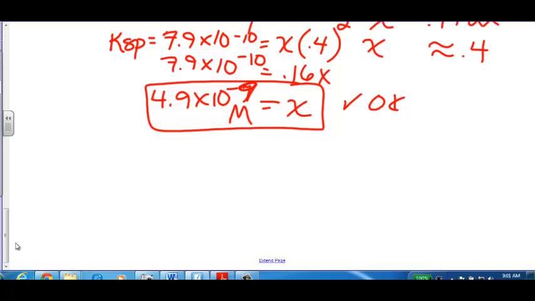You have to ask your math teacher. The bottom line is, it'll always check, or it should always check with these because the Ksp is so small. So your x is always going to be a very small number. I've never, ever had to use the quadratic with a Ksp problem. It should check, but you should show that you're doing the check, or you will lose points.